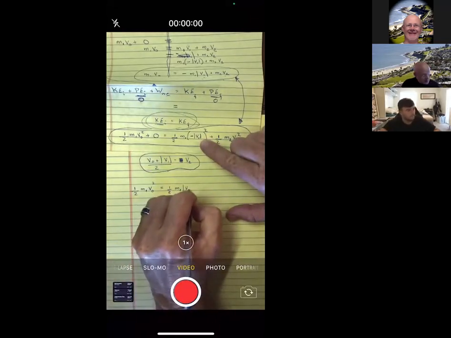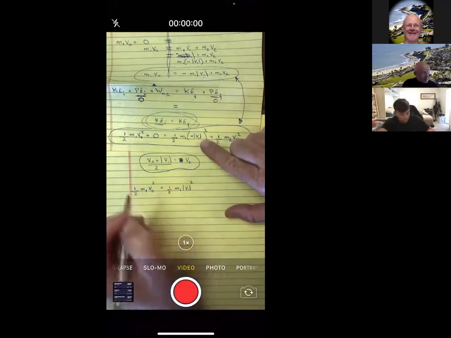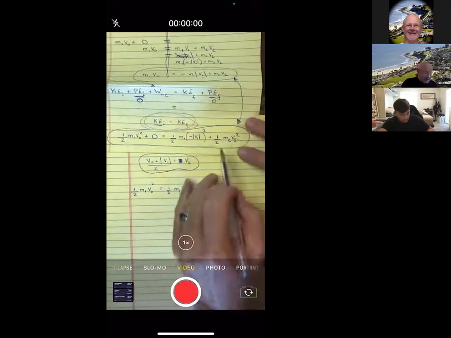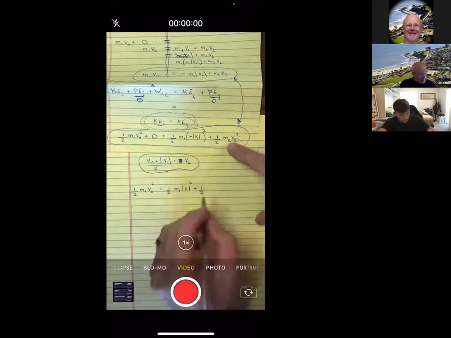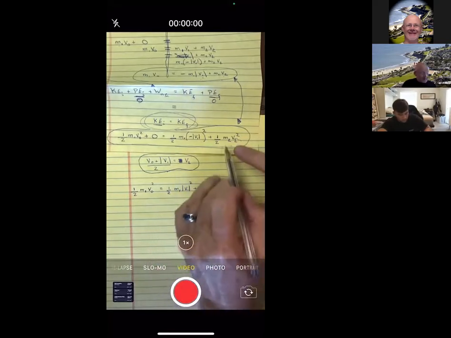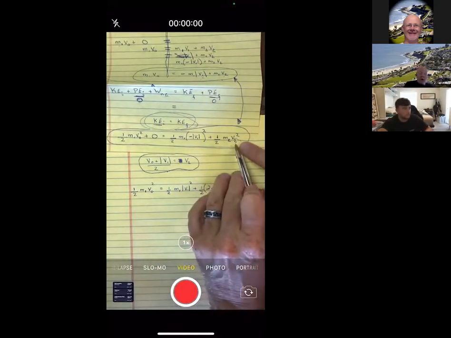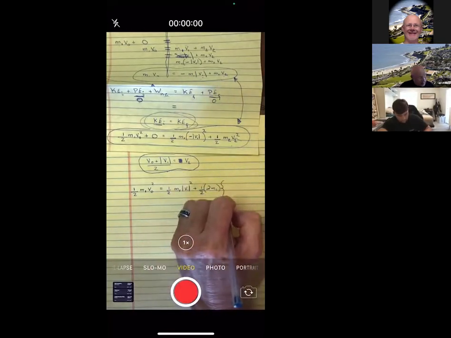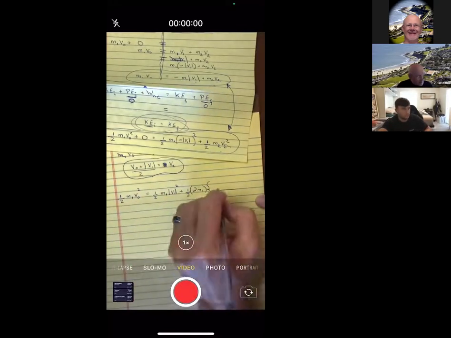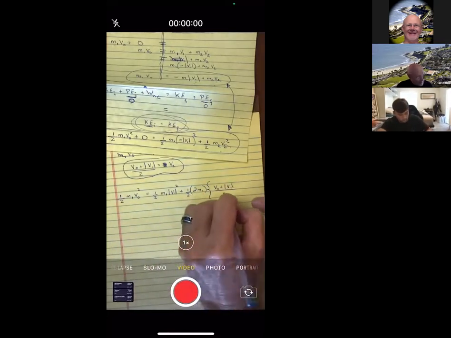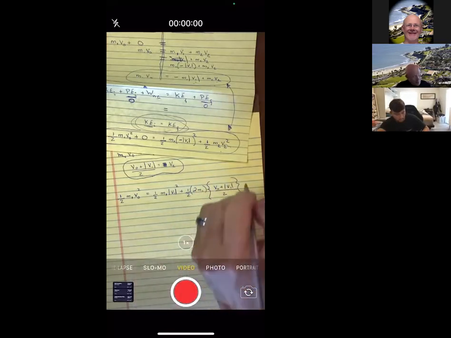So that's V1 magnitude squared plus 1/2, and again, if you'll let me put here for M2, 2 M1. And then I can put what we just solved for, so I'll put that in a bracket: V naught plus the magnitude of V1, divided by 2, and that whole quantity.